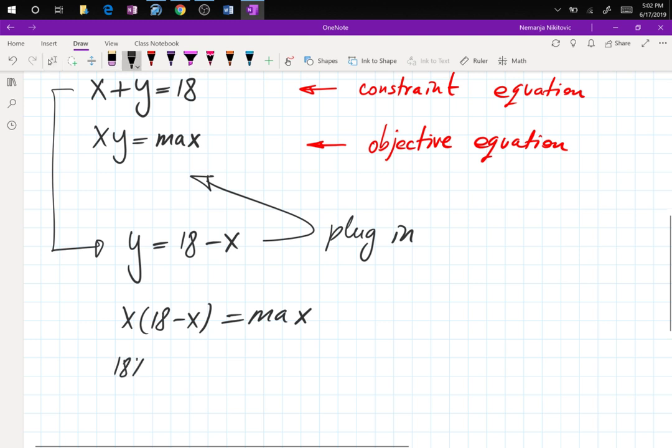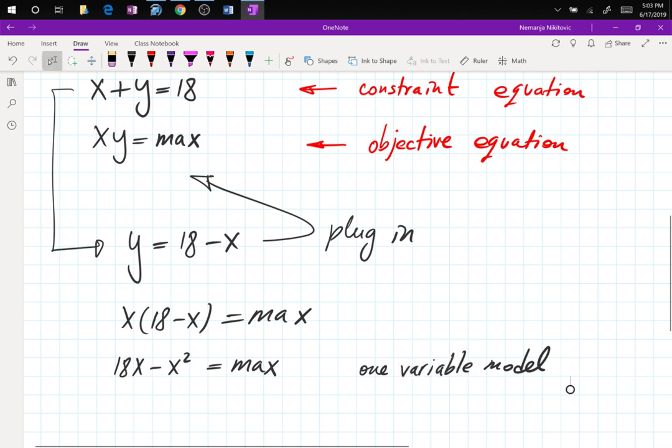So that's 18x minus x squared equals a max. And now you have an equation which would be the one variable model. So this is a one variable model.